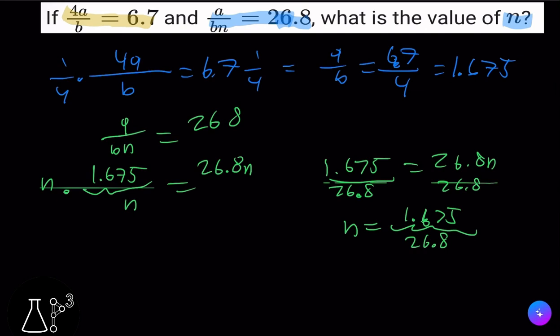So 1.675 divided by 26.8, we should get 0.0625, and that is our answer. So n equals 0.0625.